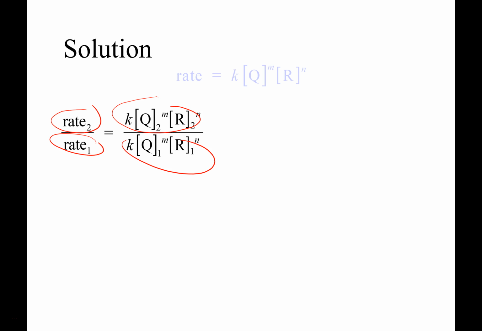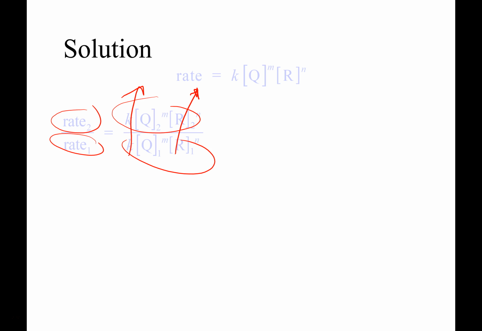Now, the cool thing about both of those trials was R was the same. So here in a minute, you're going to see R goes away. Hasta la vista, R. Because we ran it at the same molar concentrations. We're going to see that K goes away too, because it's the same thing.